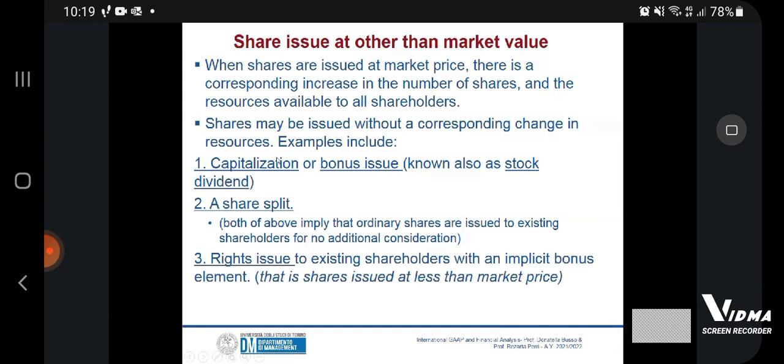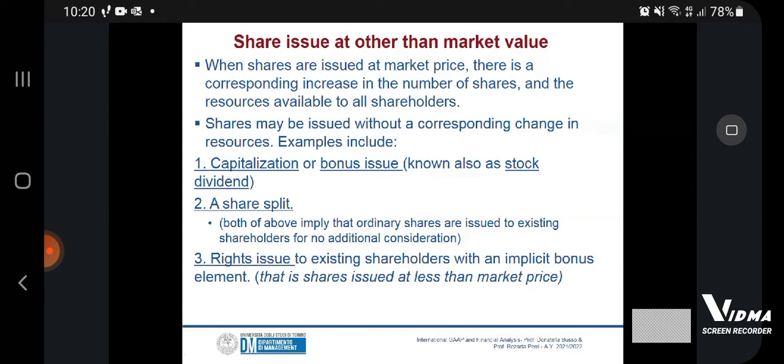Another situation is when we issue to existing shareholders some shares at a price which is lower than the market price. This is the situation that I mentioned before. Sometimes we want to offer our existing shareholders what is known as a rights issue. So we sell to our existing shareholders shares but at a lower than market price.